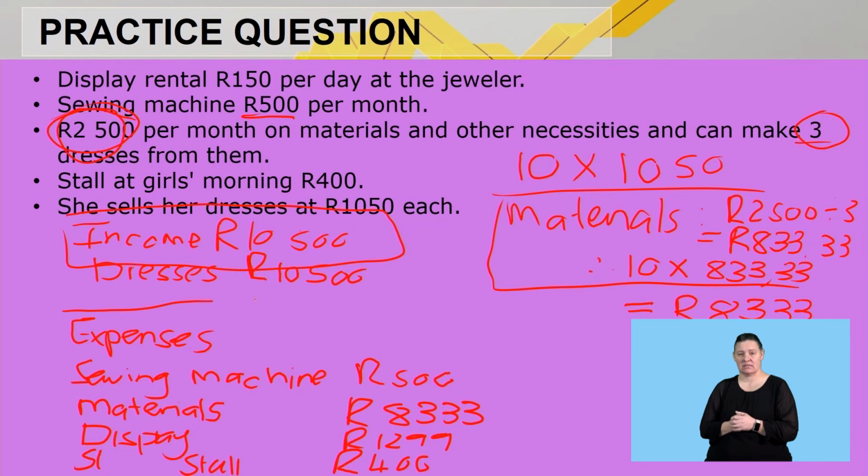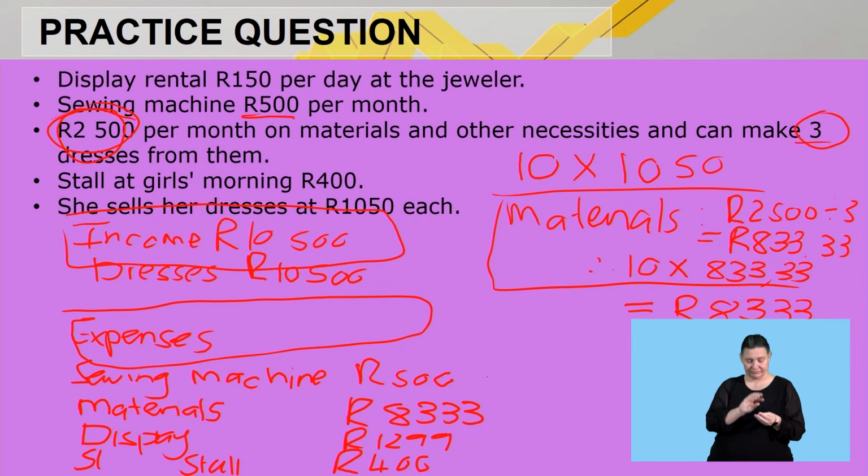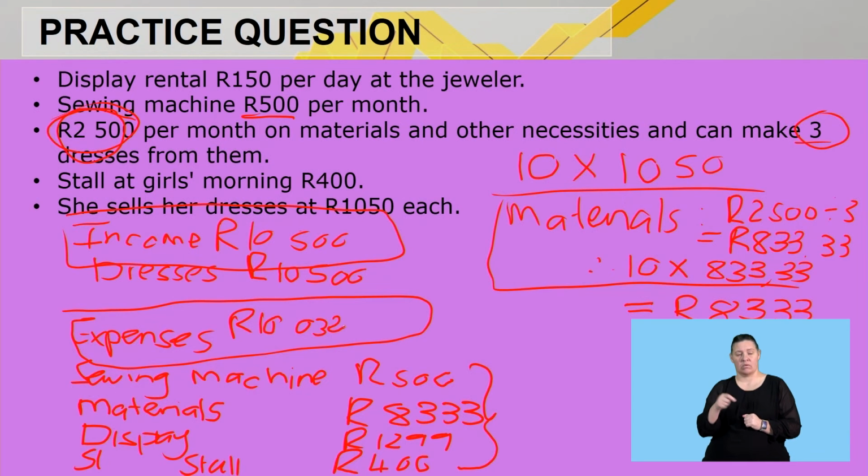And if we add all those expenses up, it comes to 10,032 Rand, comma the 33, sorry for that, that is a 67. Where's my mind today?